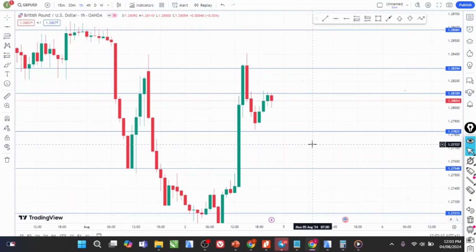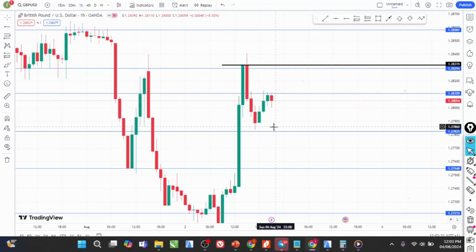On the 1 hour time frame now, we have an obvious resistance level here, which matches perfectly with the level we marked from the higher time frame, which is the 4 hour and daily. So now we use the horizontal ray, right?